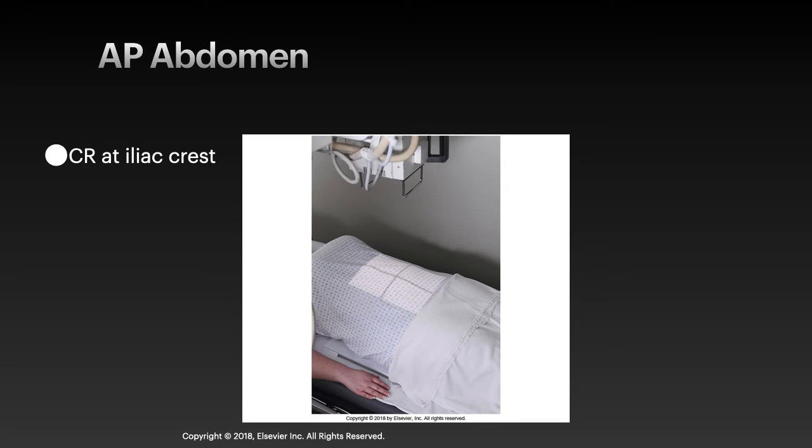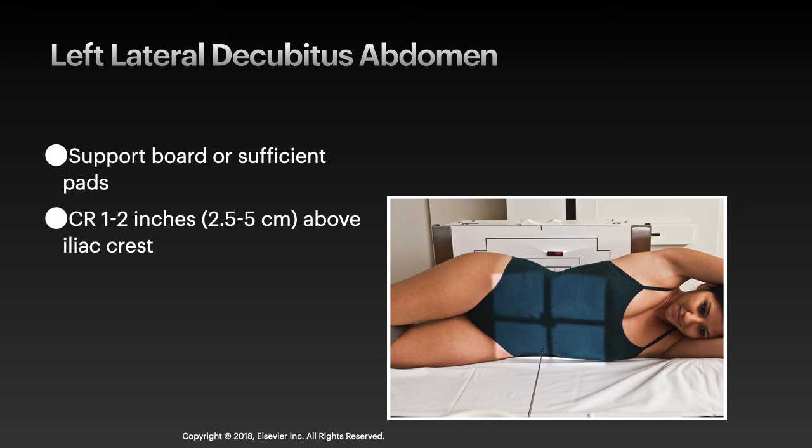This is a portable AP abdomen. You still want to center your CR at the iliac crest, and make sure that you get kidney to bladder. This is a left lateral decubitus abdomen.